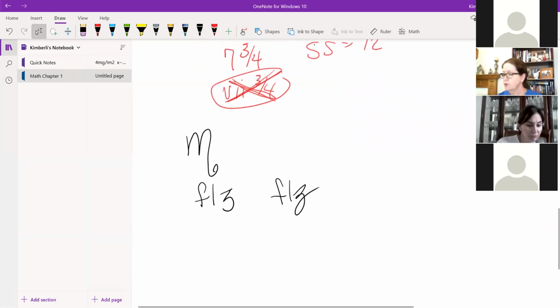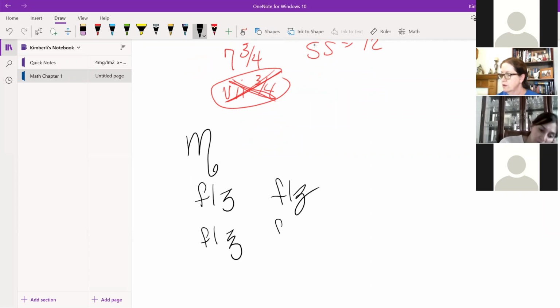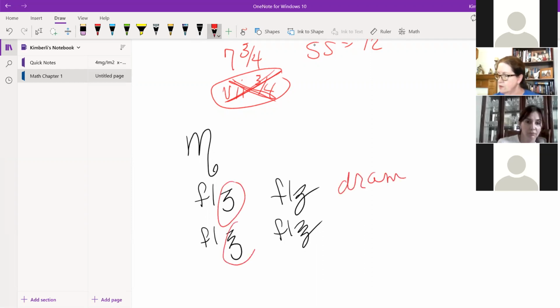And the fluid ounce is written like this, or if they use cursive writing, see if I can do a better job at this one. So that doesn't look great either, but you get the idea. So that's an ounce. So how do we remember that this one is dram and this one is ounce?